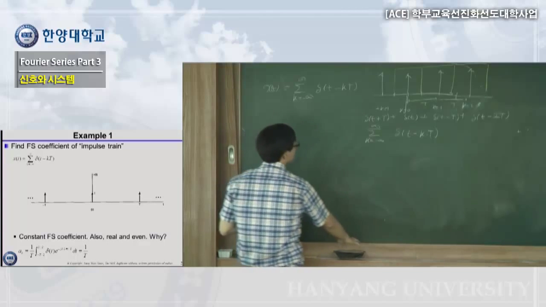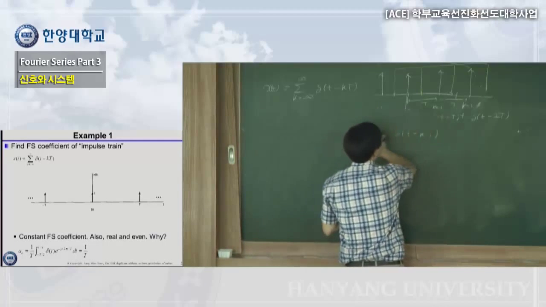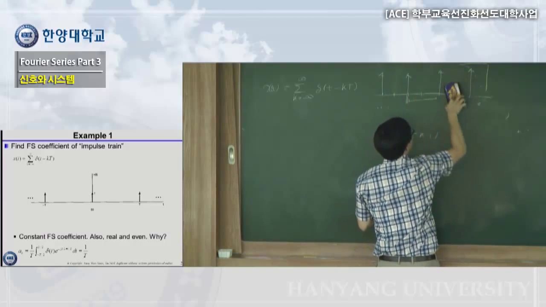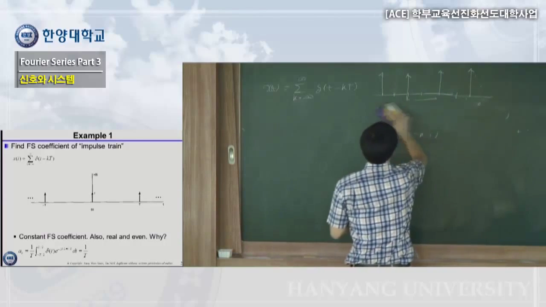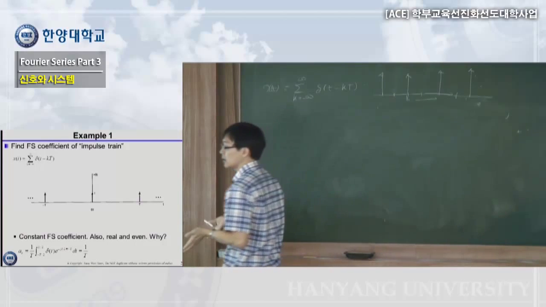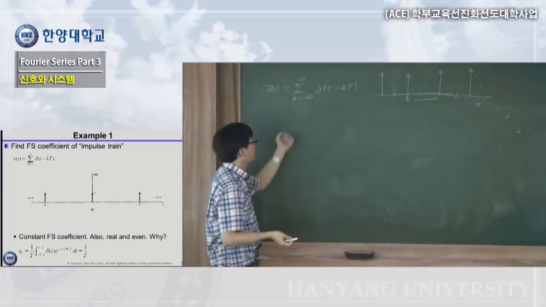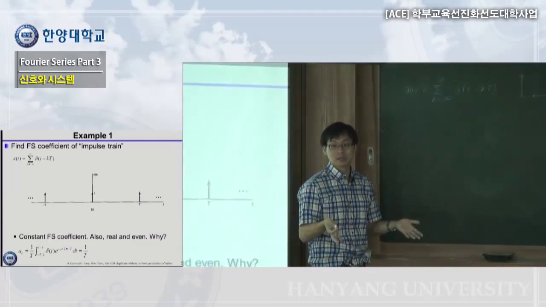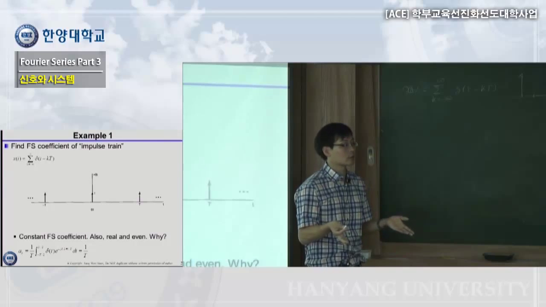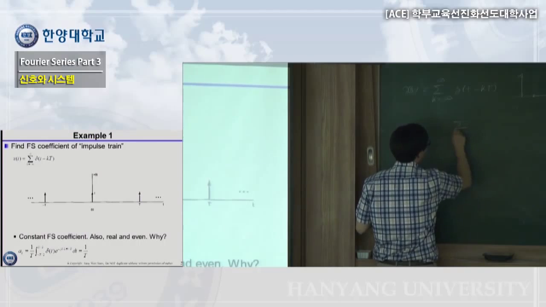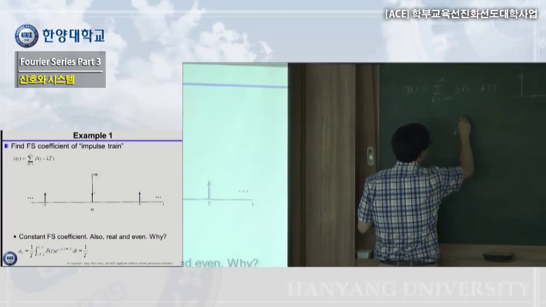So the question here is, this is our problem. Let's find the Fourier series coefficient of this. How do we first start? Of course, we can say, okay, let's do it. This is our x.